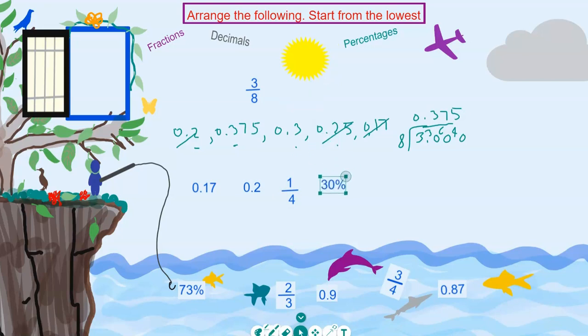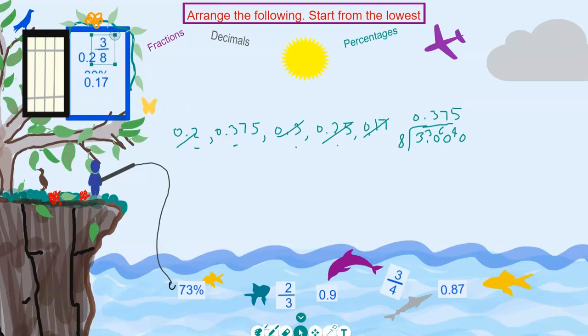So take that down and cross that out. And followed lastly by 3/8, which is 0.375. So now you have your numbers arranged in order from the lowest. So the lowest is 0.17, followed by 0.2, 1/4, 30%, and 3/8. So we're going to put these numbers back into their place so that we can go for the next question.